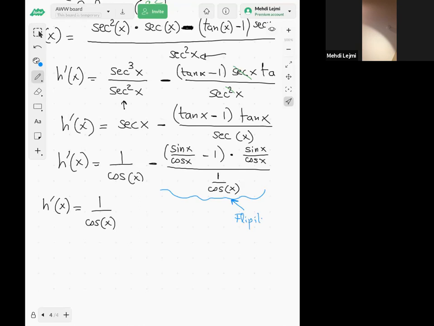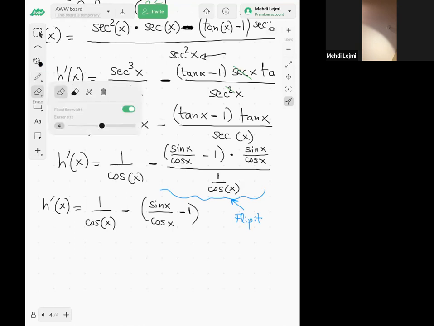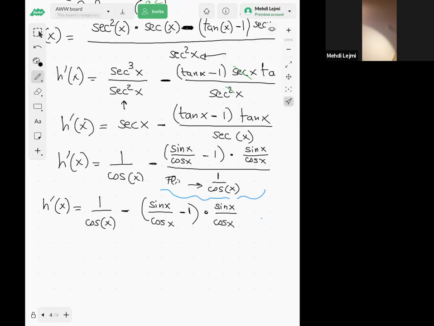So it's minus, well, we have this, sine x over cosine x, minus 1. I'm going to erase this here. So times sine over cosine, and then I flip the 1 over cosine, so it's times cosine of x over 1.